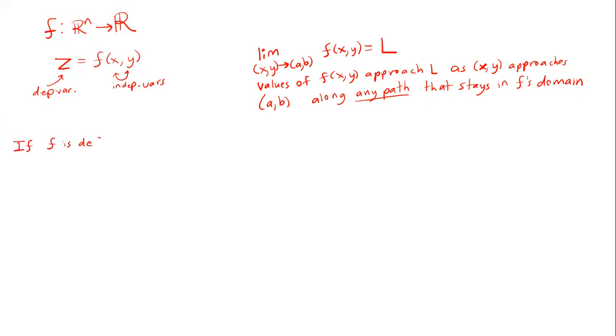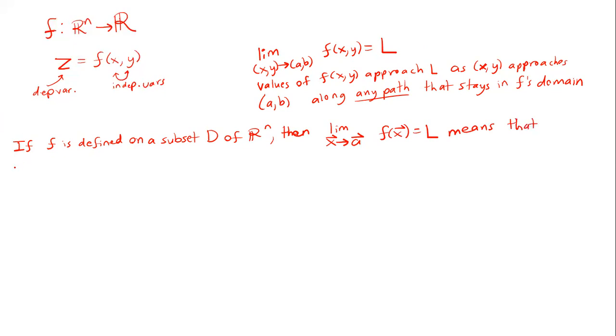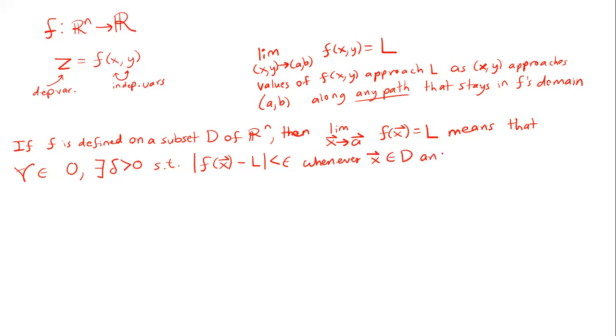If f is defined on a subset D of Rn, then the limit as x, which is a vector, goes to another vector A of f(x) equals L means that for all epsilon greater than 0, there exists delta greater than 0 such that |f(x) - L| is less than epsilon whenever x is in the domain of f, and I guess I should call this domain D, whenever x is in the domain D and 0 is less than |x - A| is less than delta.